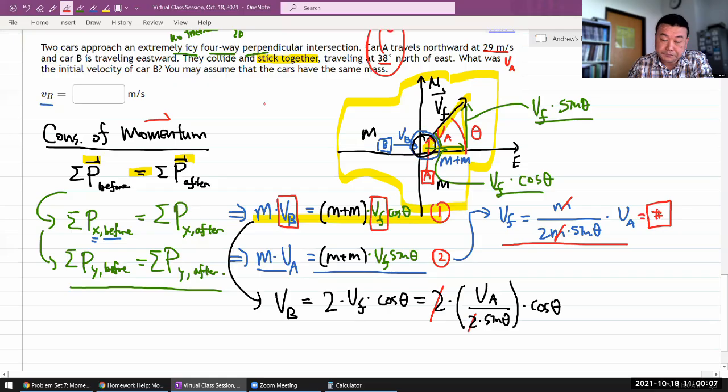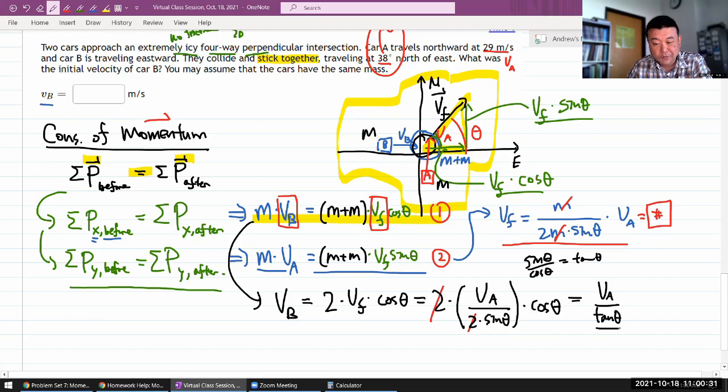That's really one of the upsides of working things out algebraically: sometimes you see unexpected simplification. I can combine sine and cosine theta using sine theta over cosine theta equals tangent theta, so this whole thing is equal to VA divided by tangent theta. That helps me reduce how many numbers I need to plug in.